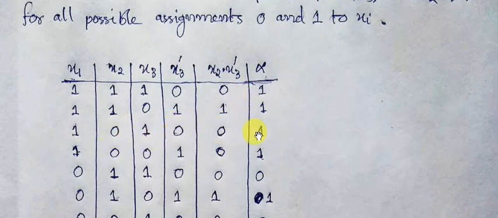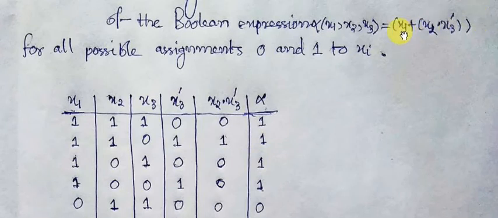Alpha equal to x1 plus x2 into x3 complement. Here the value of x1 is 1 and the value of x2 into x3 complement is 0. So this is 1 plus 0. So 1 plus 0 equal to 1, as we know from the composition table for addition. Here we have written 1.